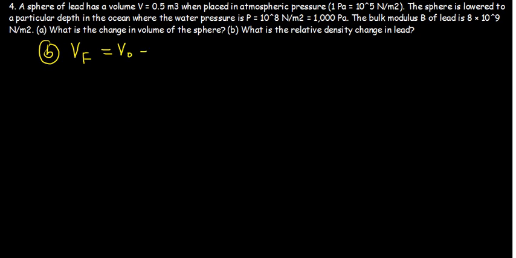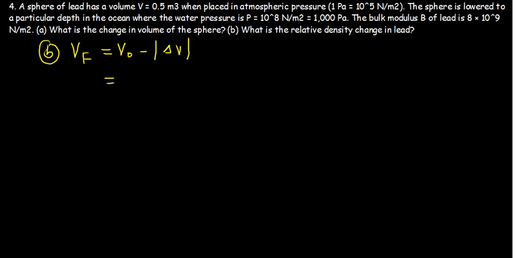But because the change is negative, we're only interested in the change, not the negative sign, so we're going to take the absolute value. Because if we subtract the negative, the answer is going to be much bigger, showing an increase rather than a reduction in volume, when it is supposed to decrease.